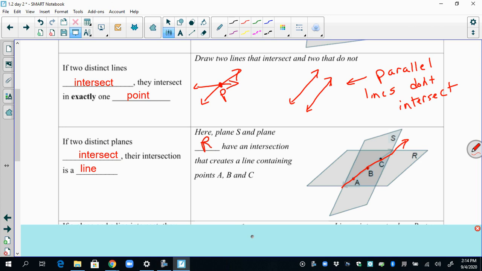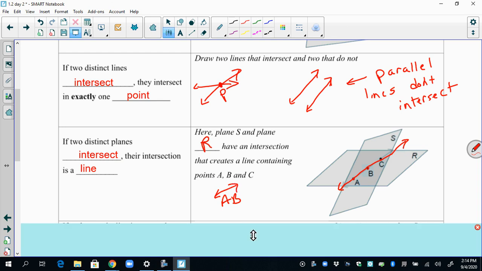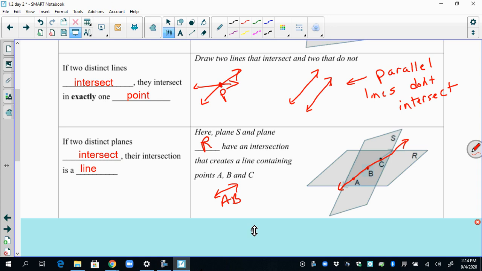That line, AB, is the line of intersection. If you think of a floor and a wall, where they intersect would be the seam down at the bottom. It would be all along there, and so it would be one long line of all of the points of intersection.